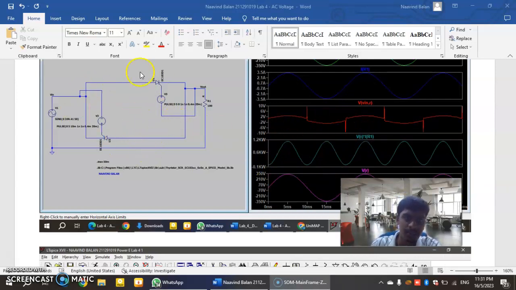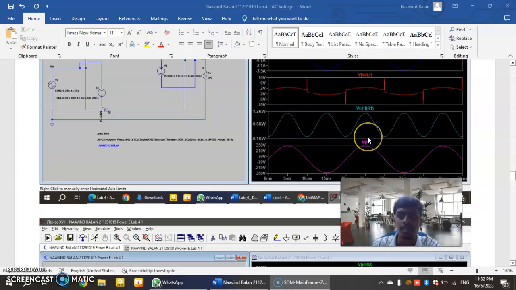The power in the circuit shows 0 to 1.2 kilowatt, which is the V out times the current. The formula is power equals V times I. Then this is my output, the same value of 350 volt.